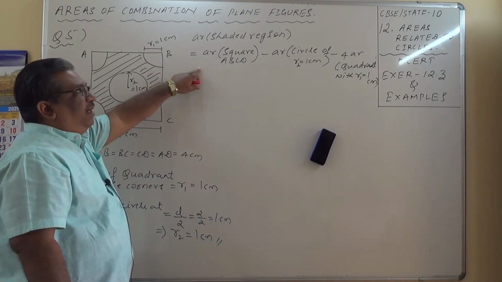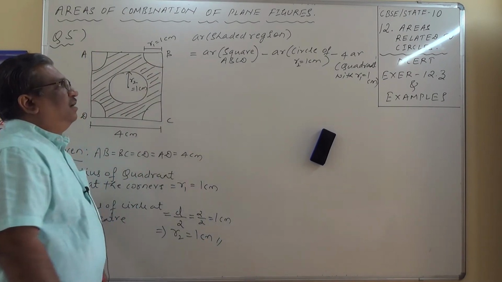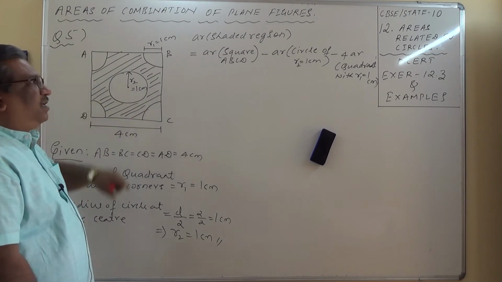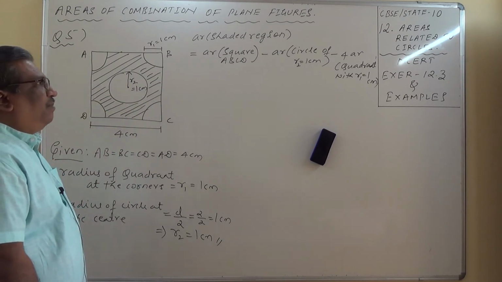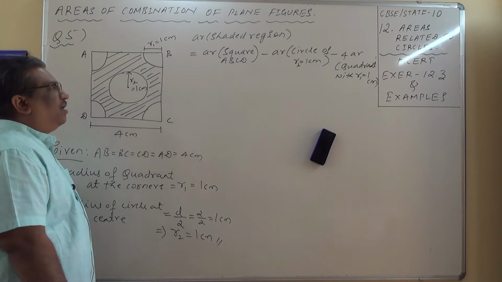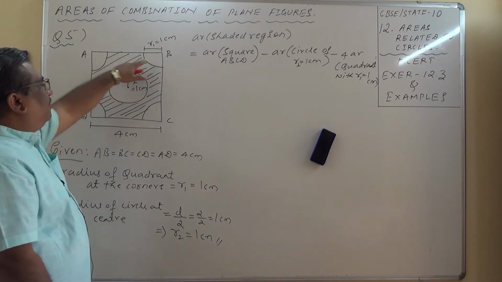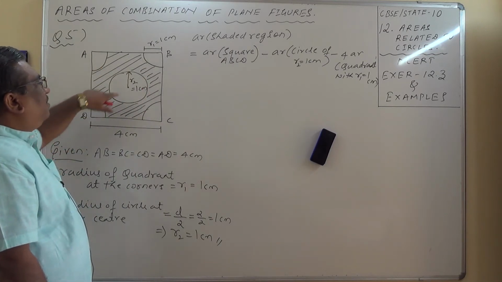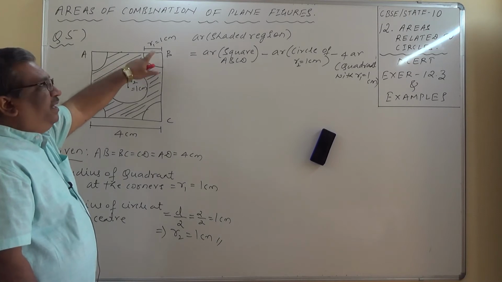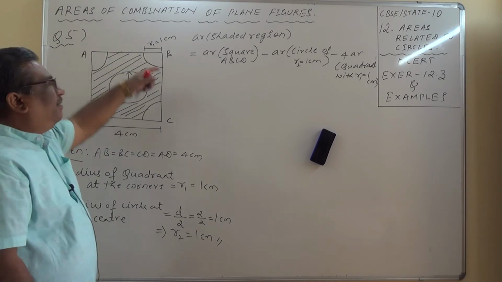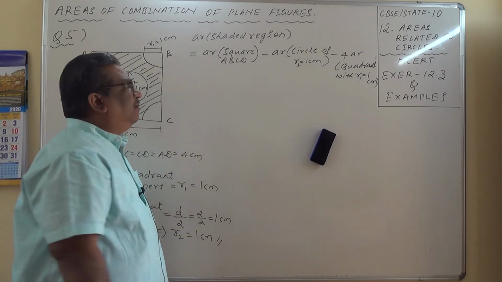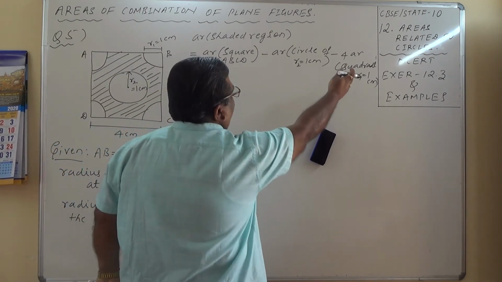Area of the square minus area of the circle at the center of radius R2 equals 1 centimeter minus 4 times area of quadrant. Why 4 times? There are 4 quadrants here, and therefore 4 times the area of the quadrant. What is the area of the quadrant? 1/4 the area of the circle of R1 equals 1 centimeter.